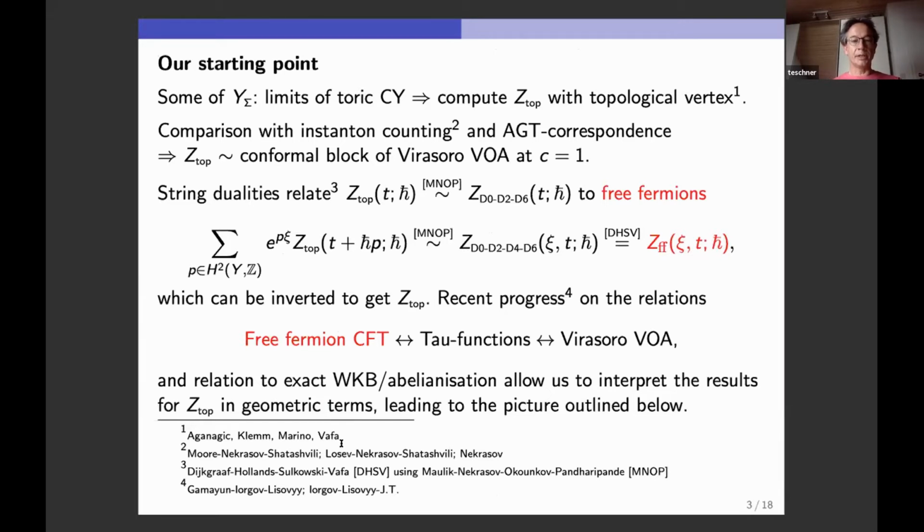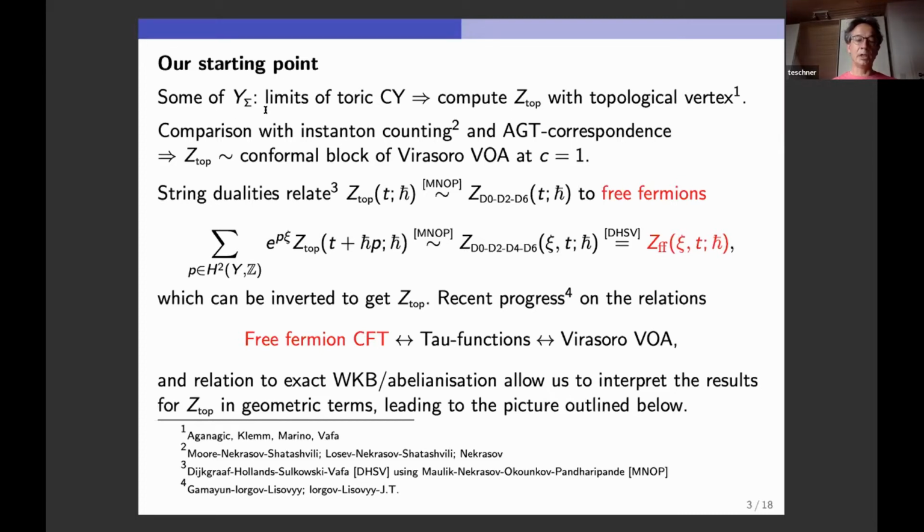What we started from, and which then also yields confirmation of the proposal we're about to make, is the observation that some of these local Calabi-Yaus can be represented via limits that are familiar from the geometric engineering of gauge theories in string theory, as limits of toric Calabi-Yaus. And when this is the case, then we can compute the Z_top with the help of the topological vertex. Of course, we need to take the limit. This needs a little bit of care, but in any case, it can be done for a subset of the Y_sigma.